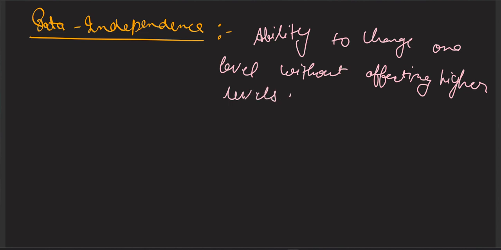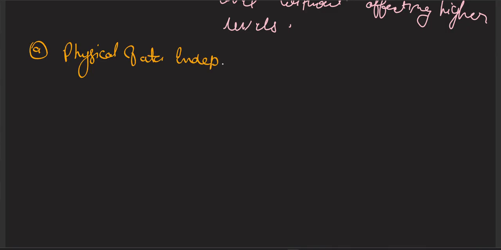There are two types. The first one is physical data independence.